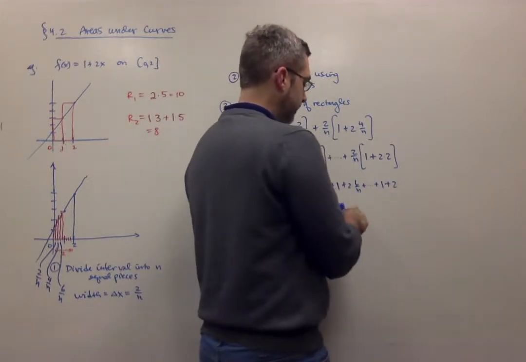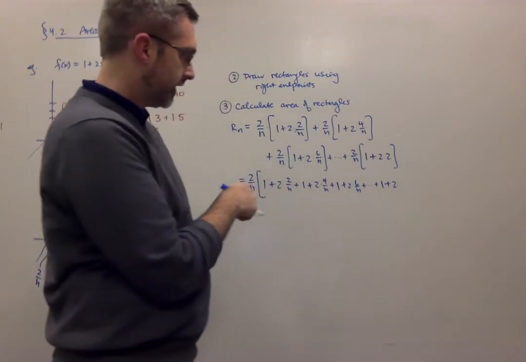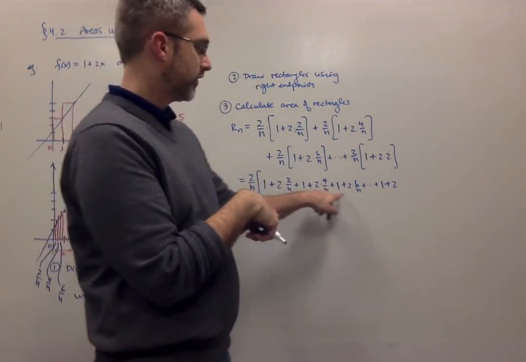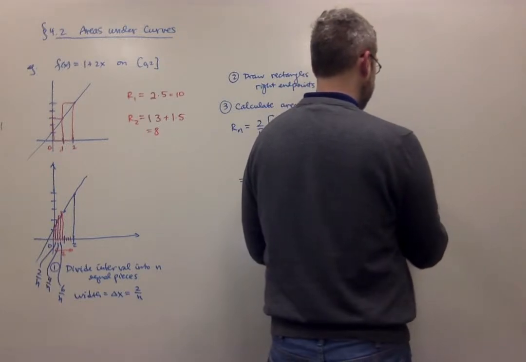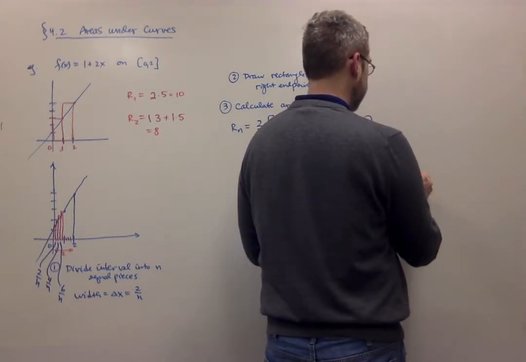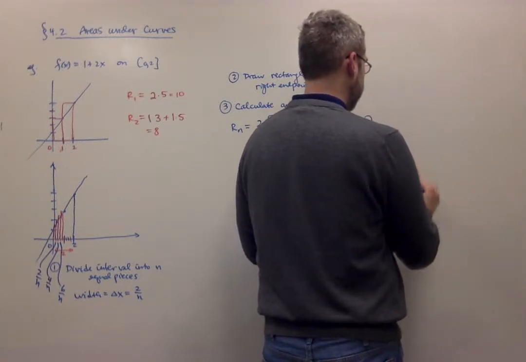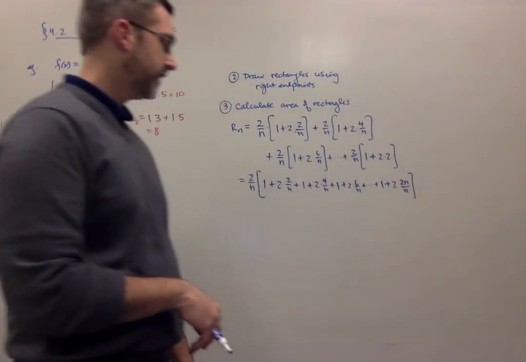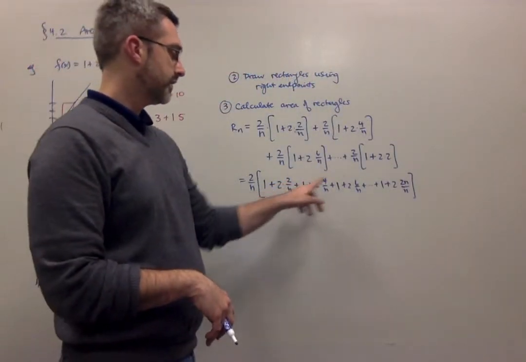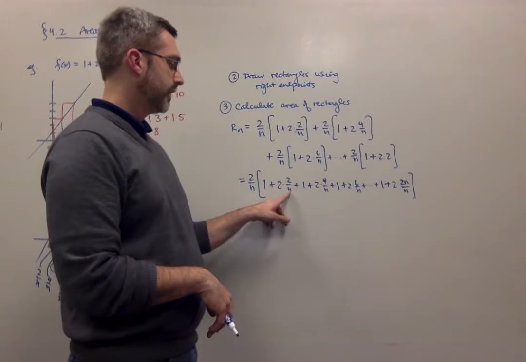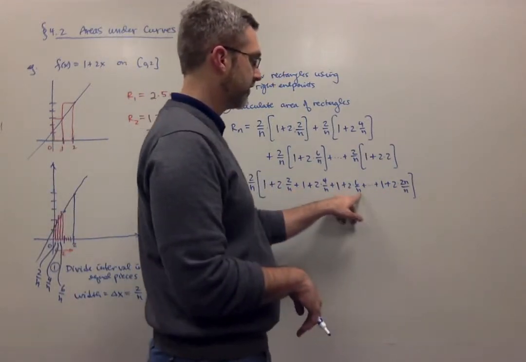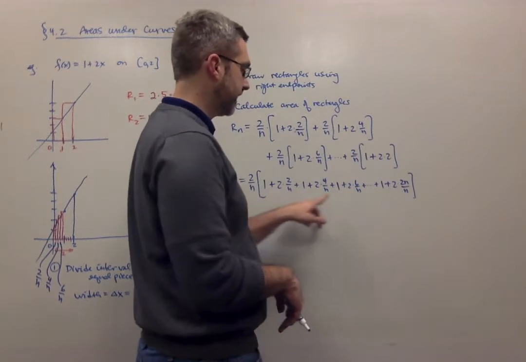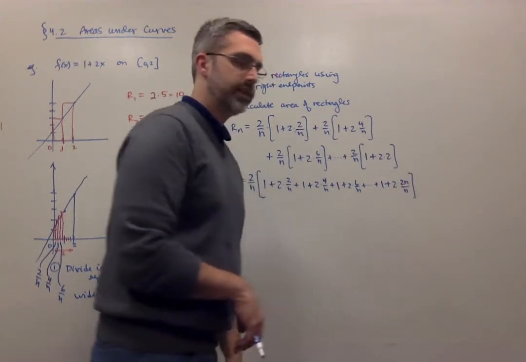Now, to get some pattern here, you notice I have 2 over n, 4 over n, 6 over n. The last one is 2, but it's really 2n over n. Do you see that pattern? These are even numbers at the top, 2, 4, 6. And we're going all the way up until we hit 2, but to get a pattern so that everything looks the same, if I had an n on the bottom, I would need a 2n on the top.